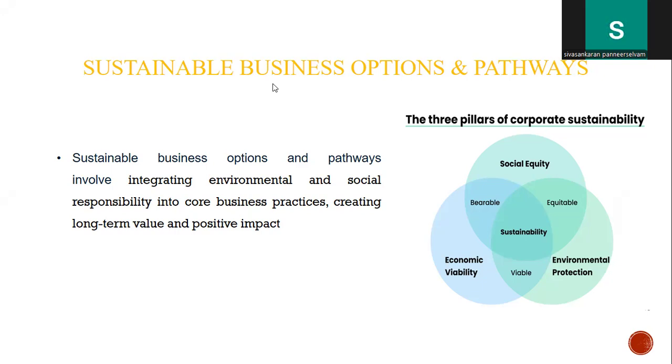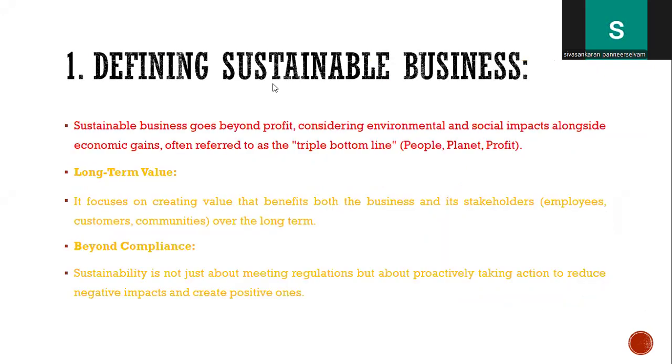Two things are integrated into the core business practice, making a long-term value and positive impact to the products and services rendered to the consumers. Let us see more detail in the next few pieces of information.